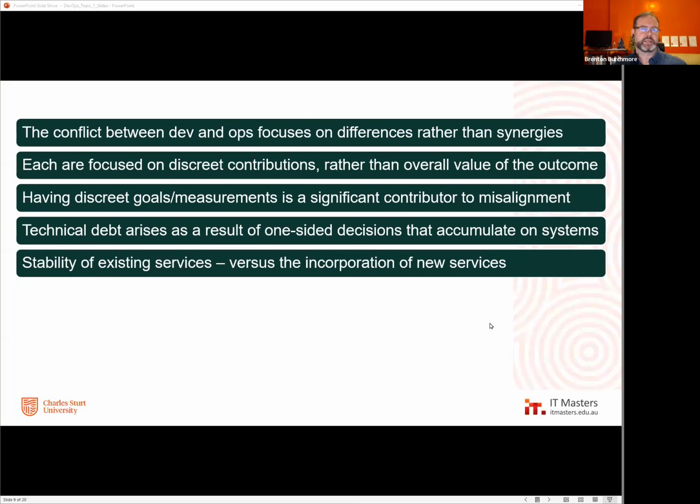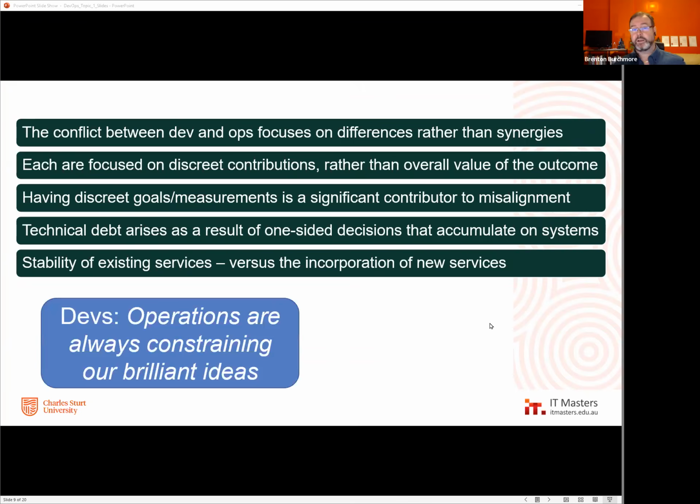So you get this stability problem, right? Stability of existing services: let's keep the lights on, let's not break it, let's not upset the customers. Versus: yeah, but we have to bring something new in because it's getting stale, it's getting stagnant, and our competitors are doing something new. So you get devs saying things like, wow, operations are always cramping our style, they're squashing our great ideas, they're constraining us, we can't get this new stuff out there.